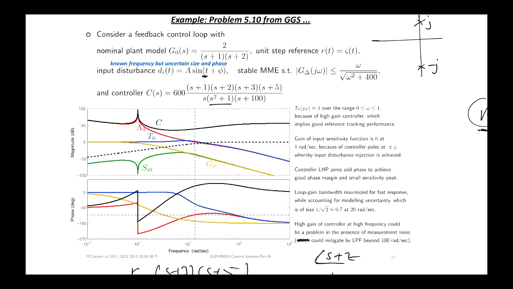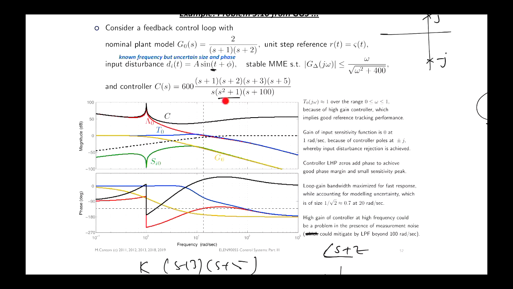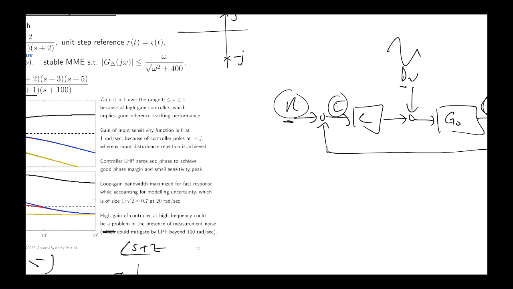That's associated with making sure that the sensitivity function that tells you the relationship between the error and the reference will have 0 gain at 0 frequency, as required to get 0 error in steady state for a step reference. Okay. There is a pair of poles at s equals plus and minus j. As we'll see today, that is consistent with rejecting an input disturbance of frequency 1, okay, in terms of its effect on the output signal.